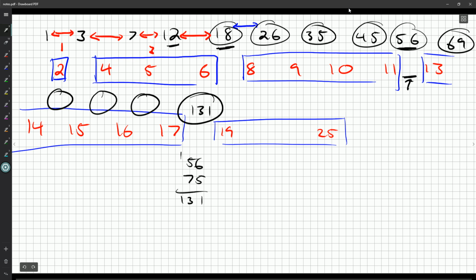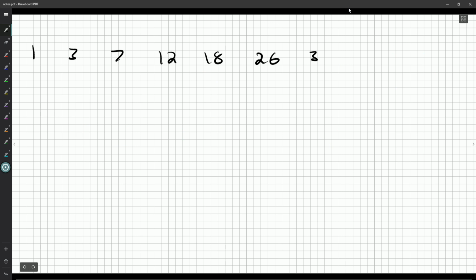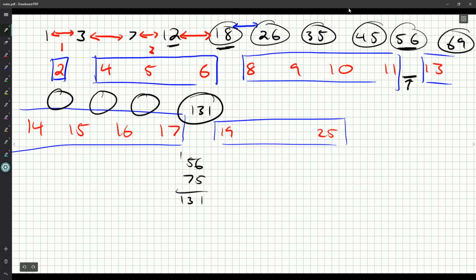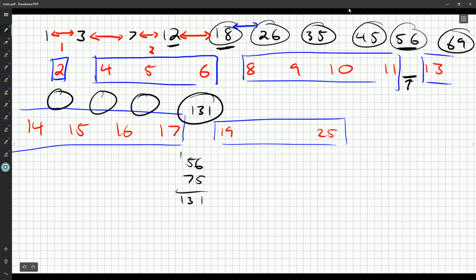Right? So let me try this. 7, 12, it was 18, then it was 26, 35, 45. We should at least need to go over 100. So maybe the 131 is what we're going to need in a moment. 56, 69.